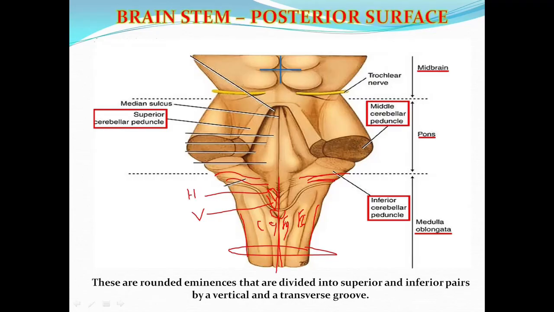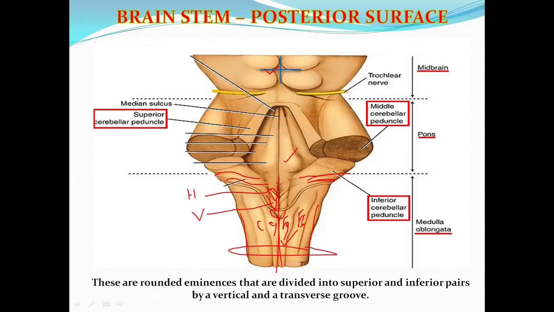So with that ends the posterior aspect of the brainstem: the midbrain, pons, and medulla oblongata. With that, the external features conclude. In the external features of the brainstem, textbook-oriented teaching usually covers midbrain, pons, and medulla oblongata separately. For ease of presentation, I am bringing them together.